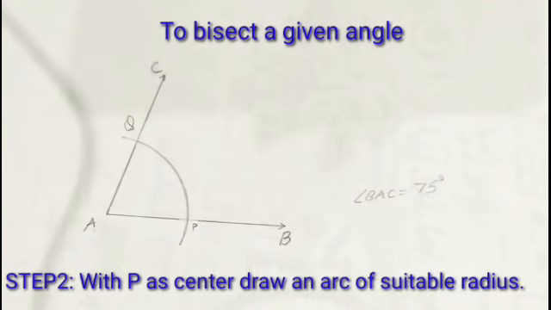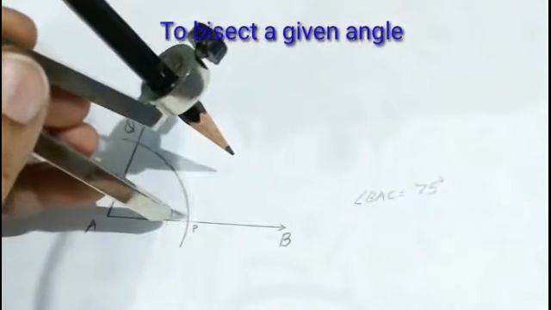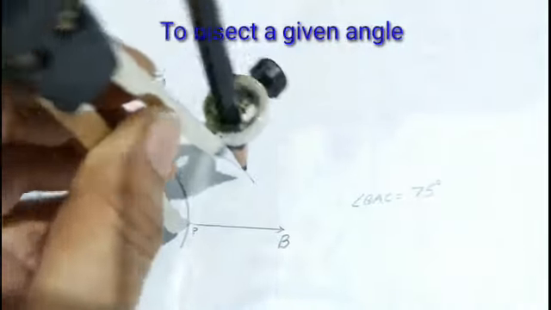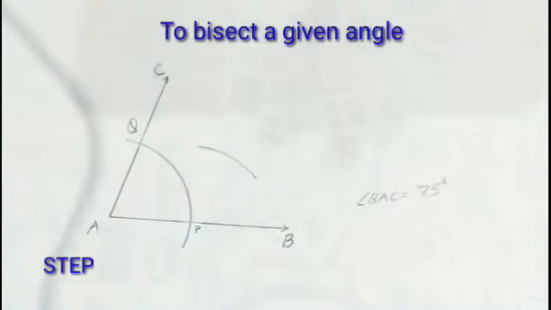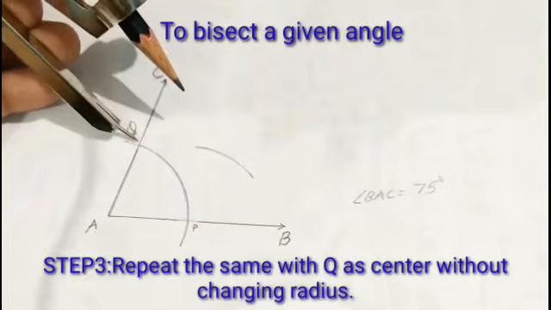Step 2. With P as center and a suitable radius more than half of PQ, draw an arc. Step 3. Now with Q as center and the same radius, repeat the same step.